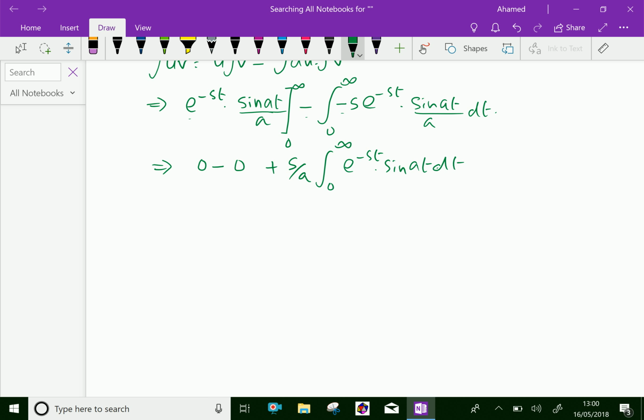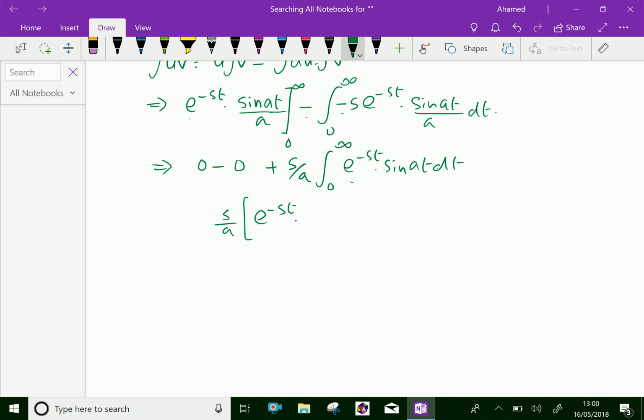Now we'll integrate by parts one more time e power minus st into sine at, with s over a outside. First function is e power minus st, into integral of the second.